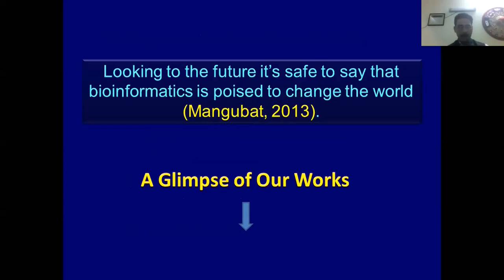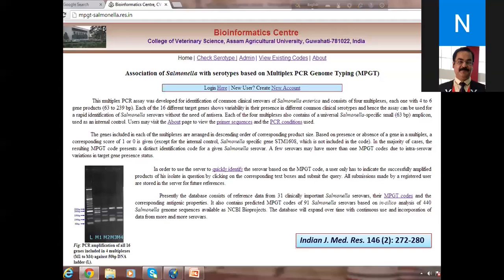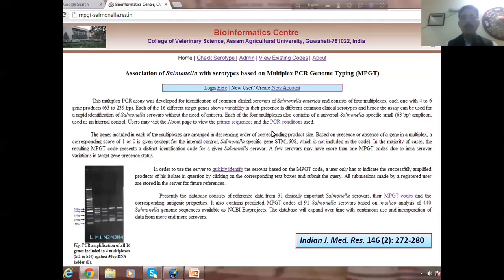Now, this is the platform that we have developed for molecular typing of Salmonella for determination of serotype. As I said, more than 2,500 serotypes of Salmonella are available, and therefore in every advanced country there are certain national reference laboratories wherein they can perform the serotyping of Salmonella.